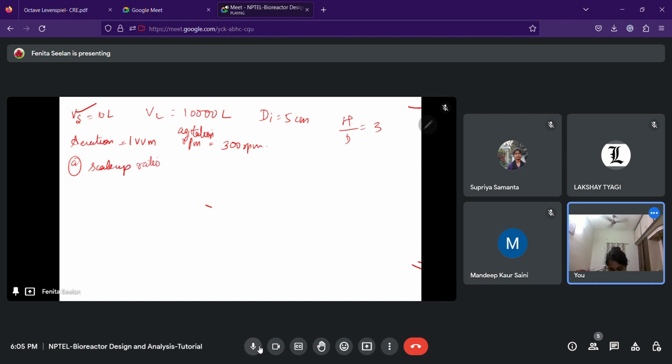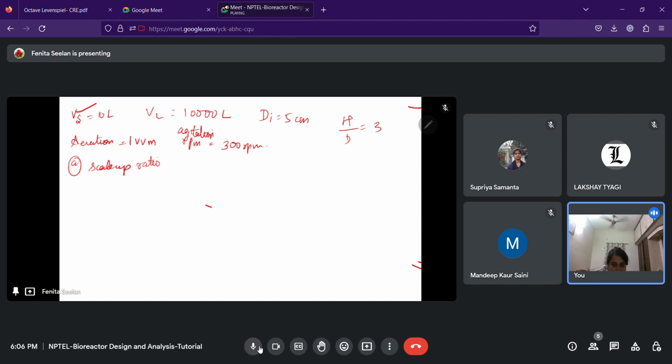How do we calculate the scale-up ratio? Let's assume that our reactor is cylindrical in shape.